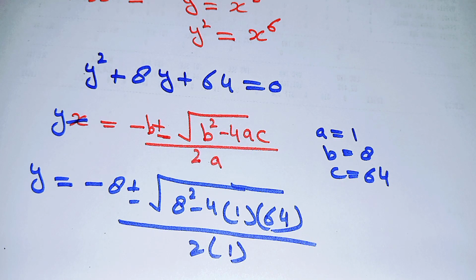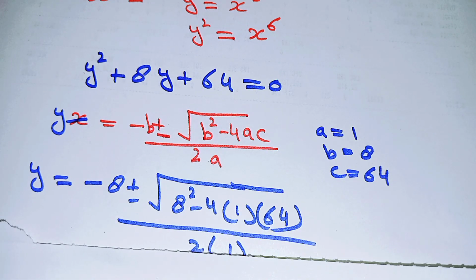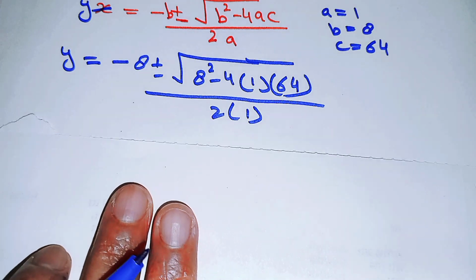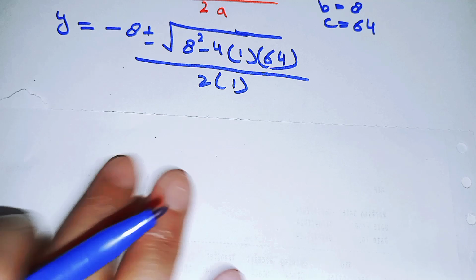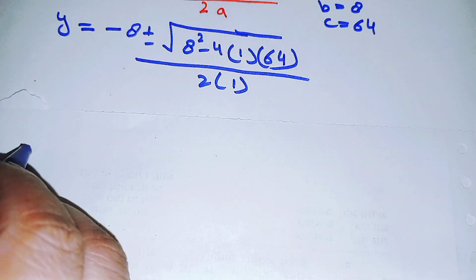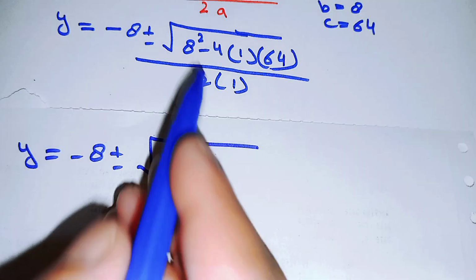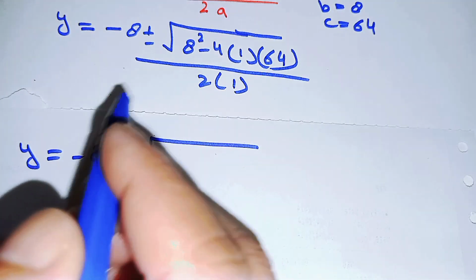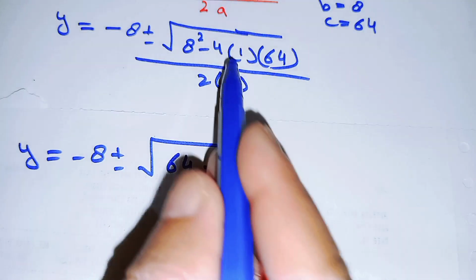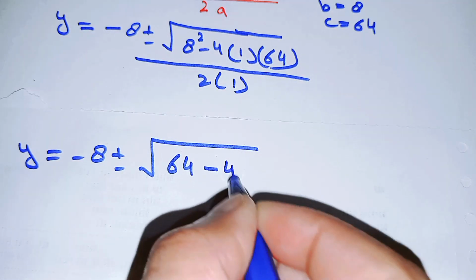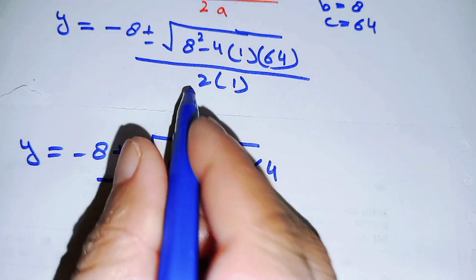So here y is equal to minus 8 plus minus square root of 8 square, which is 64, minus 4 times 1 times 64, and then over 2 times 1.